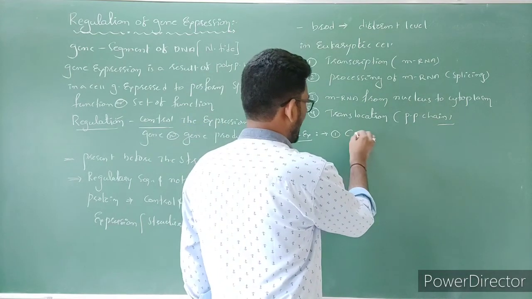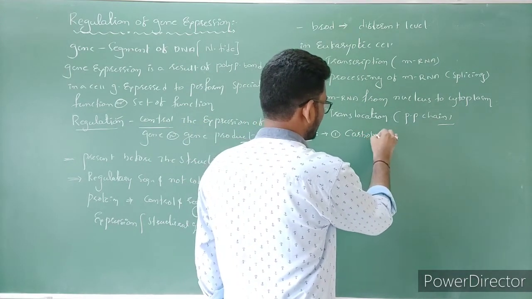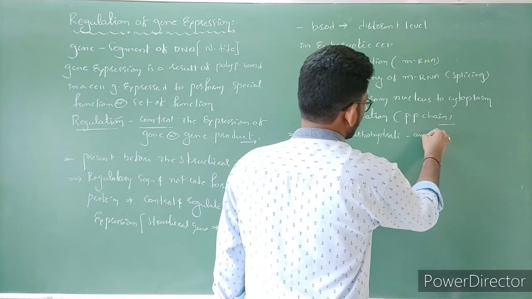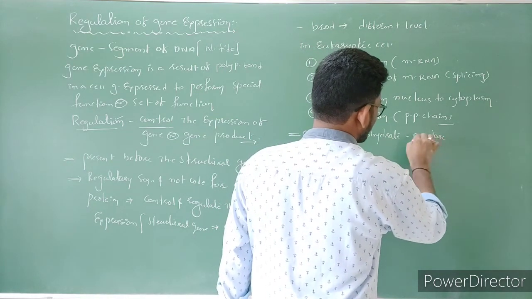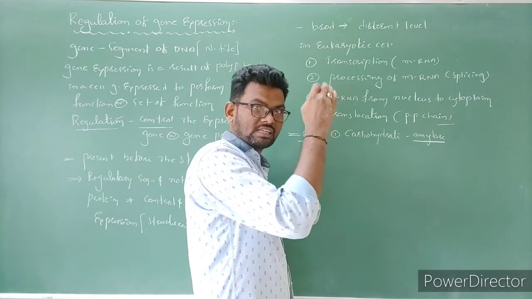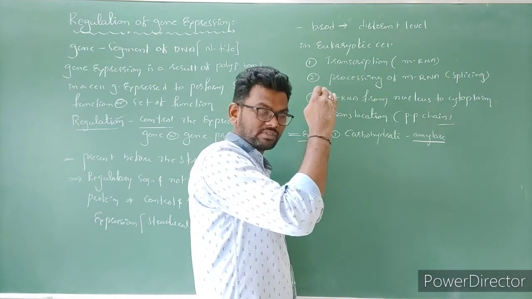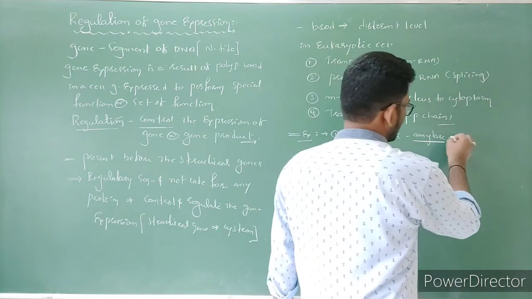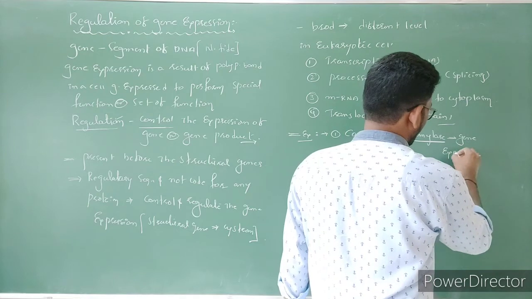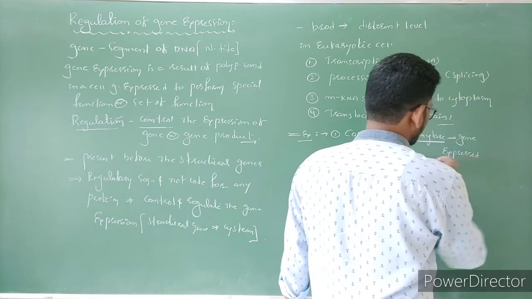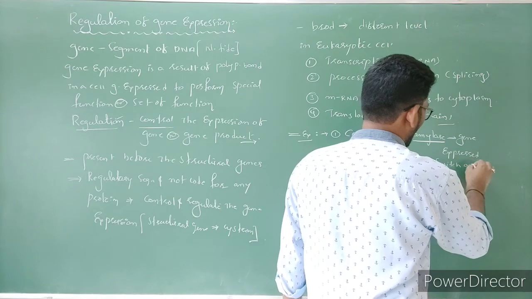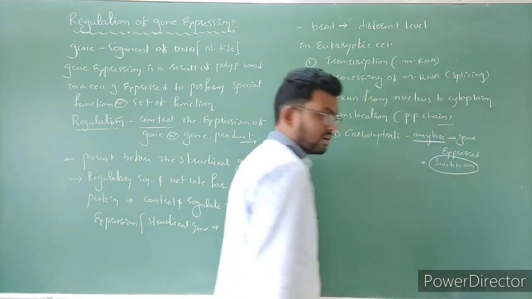When having carbohydrate, what do you need? Amylase enzyme. Enzyme is nothing but protein. Protein is formed due to the translation of mRNA sequence, right? So these amylase genes are expressed. It means the genes are switched on, right?